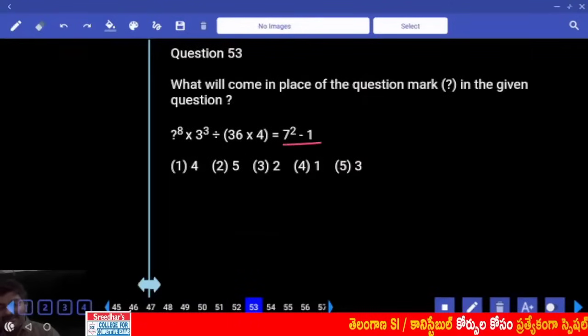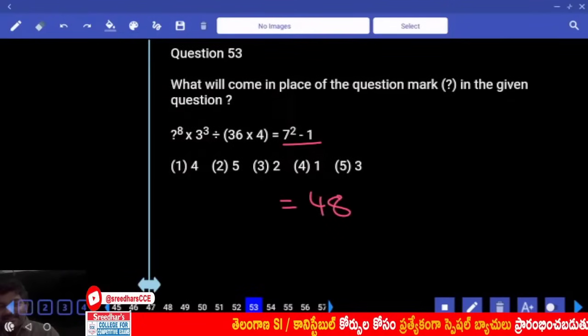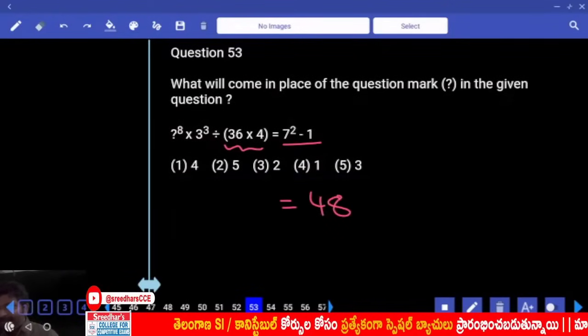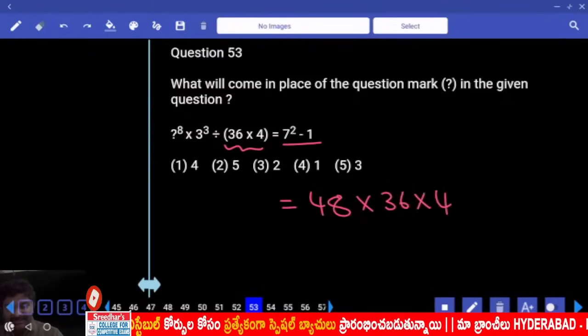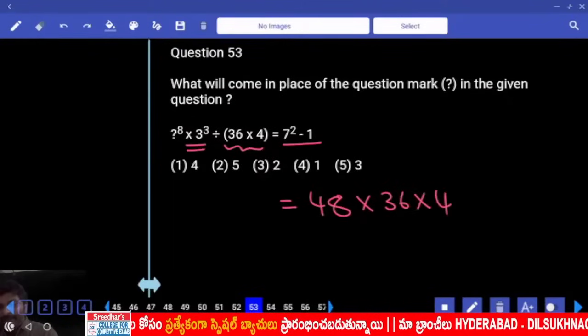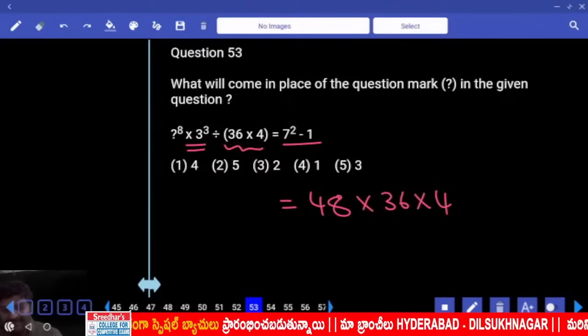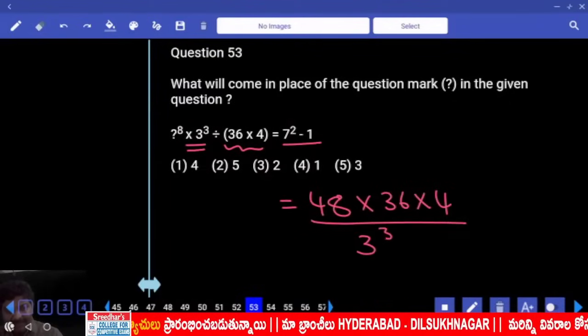Right hand side 7 square, 49 minus 1, 48. This entire number is in denominator left hand side, right? That goes to right hand side, becomes into 36 by 4. Into 3 cube is there, that comes to right hand side denominator, that will be 3 cube.